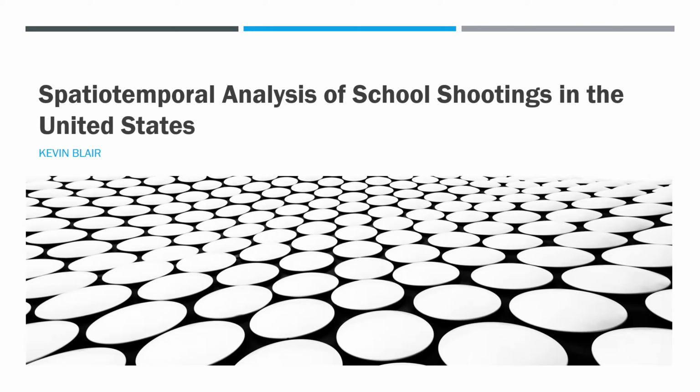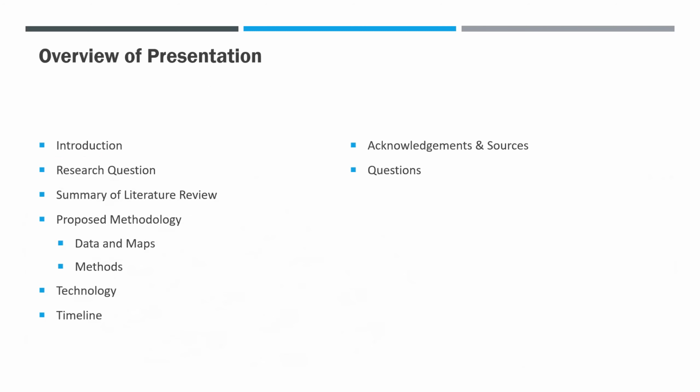The title for my project is Spatiotemporal Analysis of School Shootings in the United States. Here's an overview of the presentation and the topics I'll discuss. I'll begin with an introduction, move on to some research questions, share with you a summary of the literature review that I've done, the proposed methodology I plan to use, share with you a few quick data and map shots.